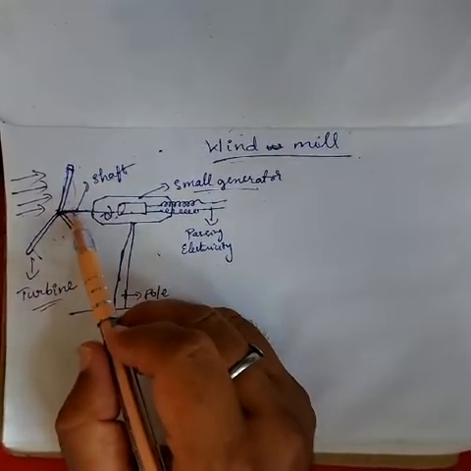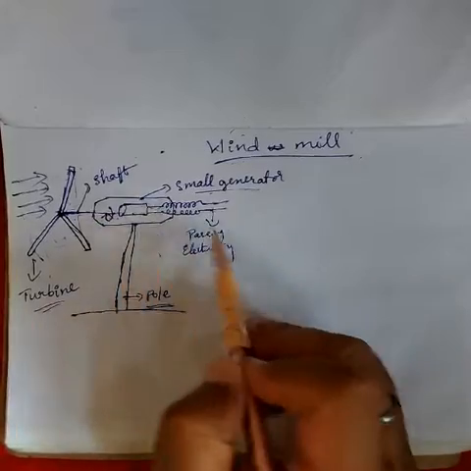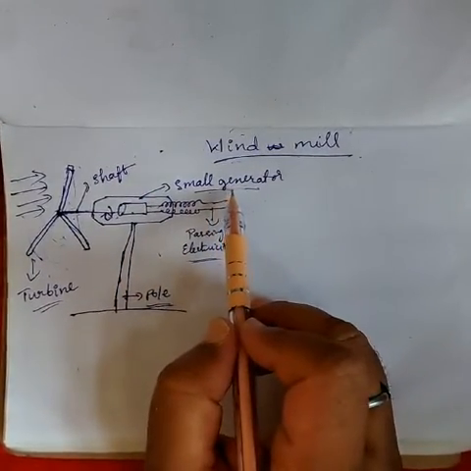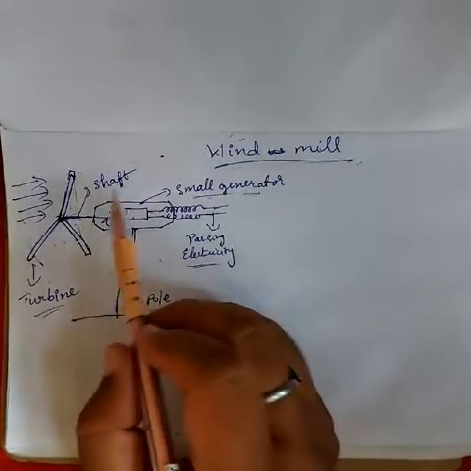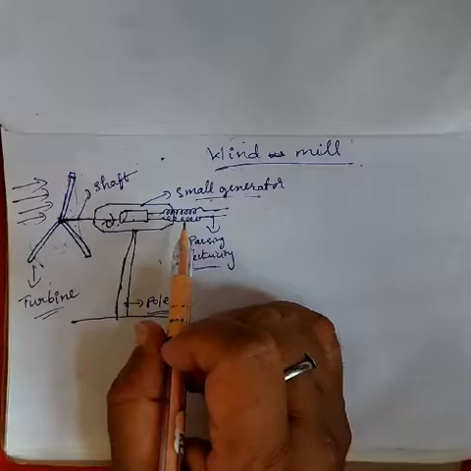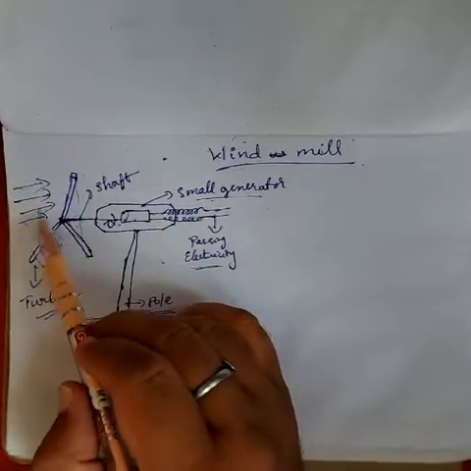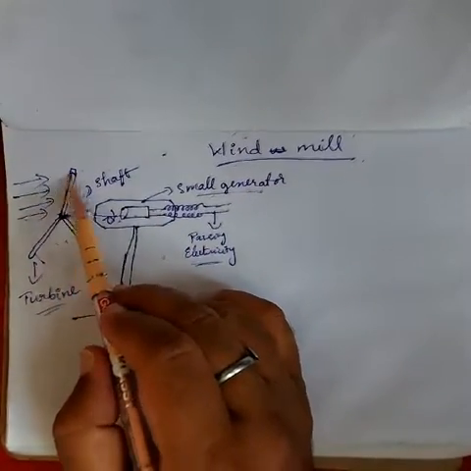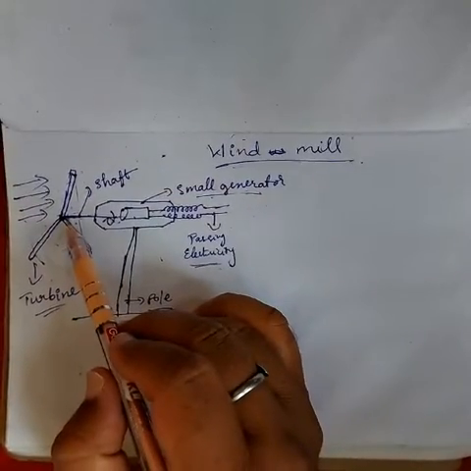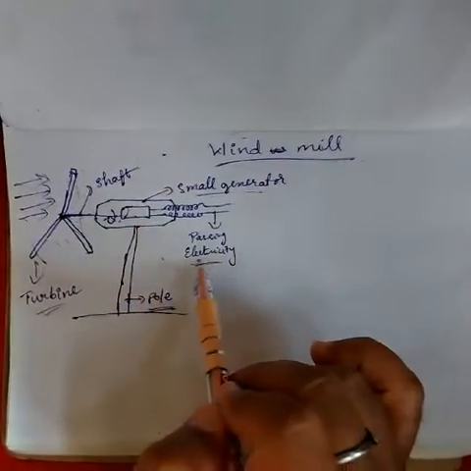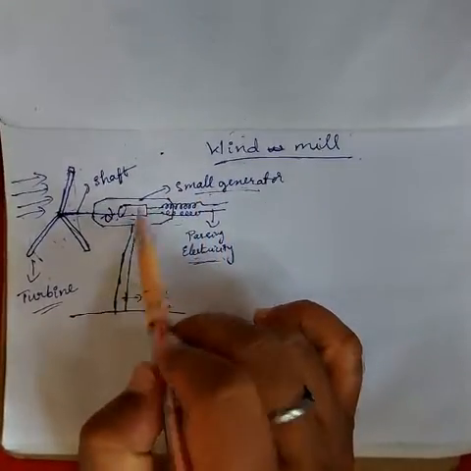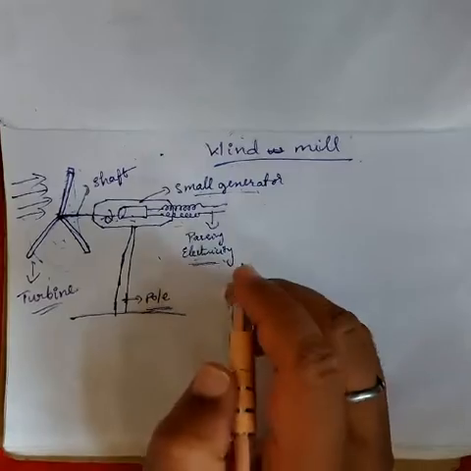That mechanical energy changes into electrical energy by the help of this small generator. Thus the windmill works. As the wind blows, the turbine rotates, and the mechanical energy is converted into electrical energy by the small generator.